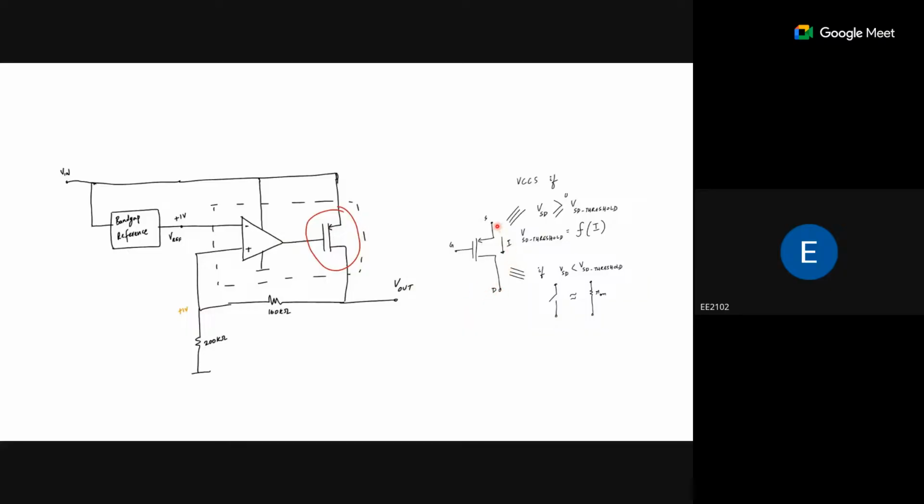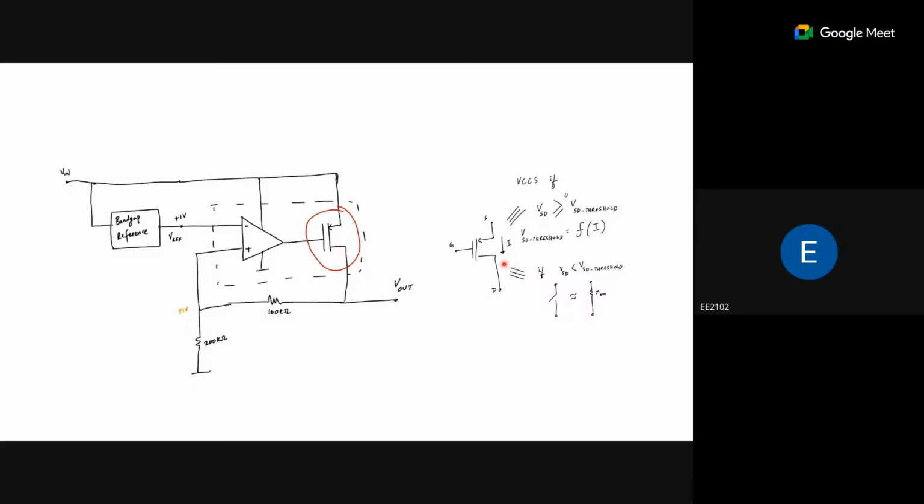Looking at this source to drain voltage, by using this voltage change, the output will be producing some current. That means this relationship says that the transistor takes the voltage input you are giving and produces current. That's why it works like a voltage controlled current source.